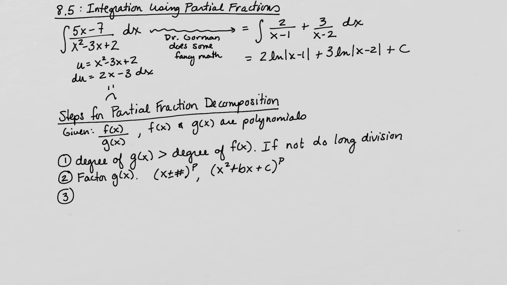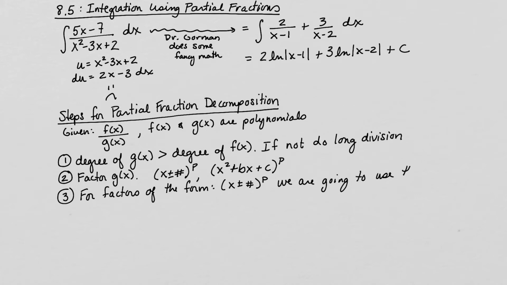So the third thing we're going to do is, for factors of the form x plus or minus some number to the power p, we are going to use the fractions a over x plus or minus the number, plus b over x plus or minus the number raised to the first power, plus c over x plus or minus the number raised to the second power.